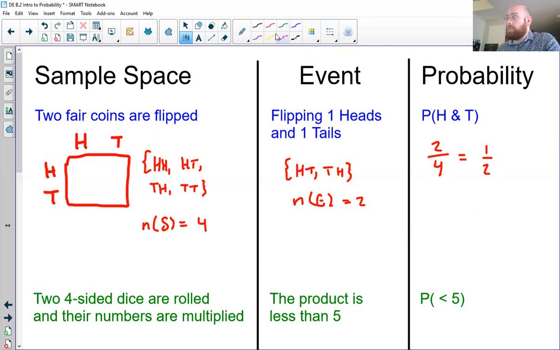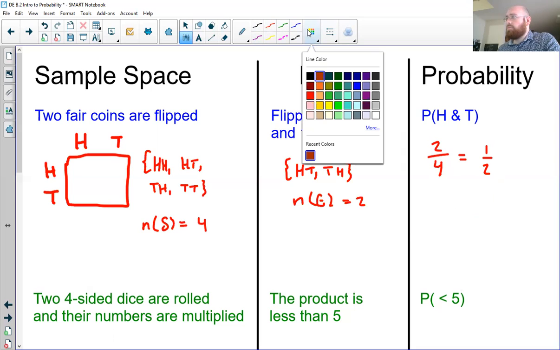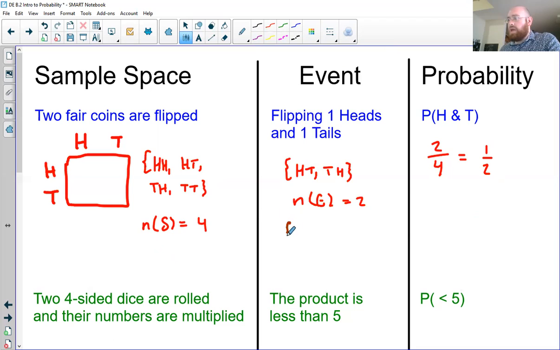However, as a fun counterpoint, if we instead wanted to look at getting two heads, heads, heads, for example, then the size of our event space would now just be 1.